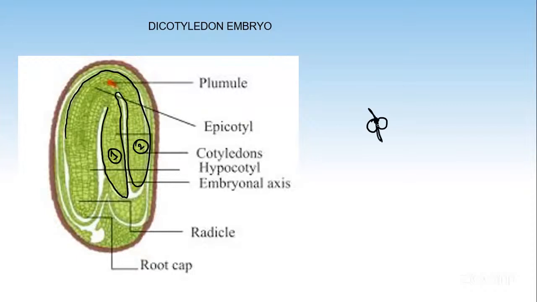The middle part is going to form the embryonal axis. Here you can see, this part is going to be called the embryonal axis, the center part. I will write it as EA.